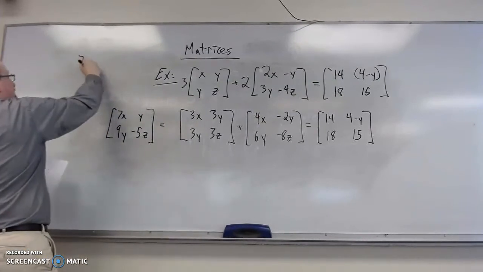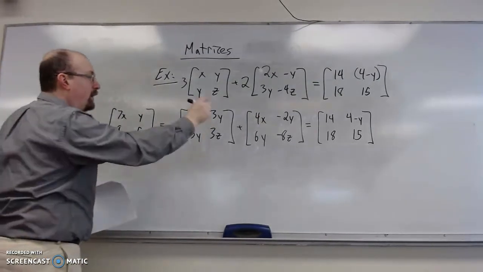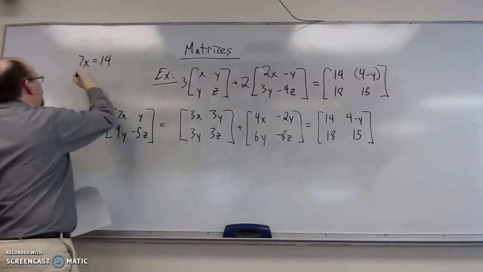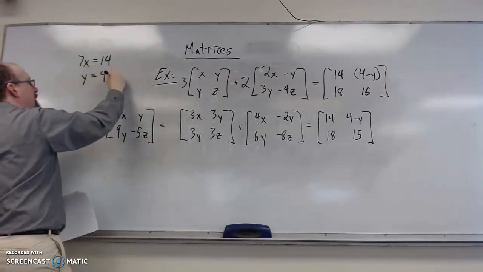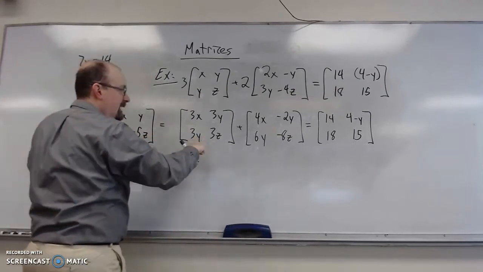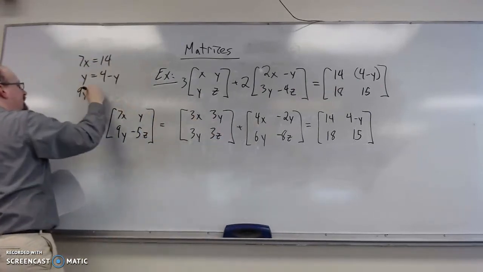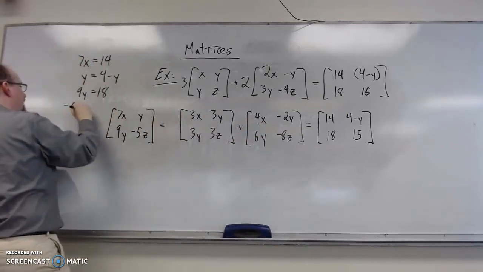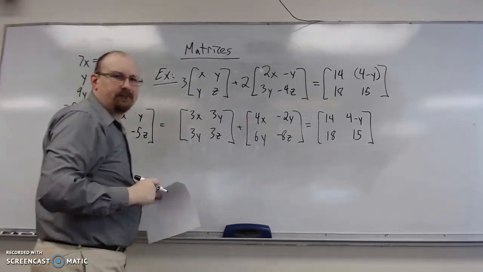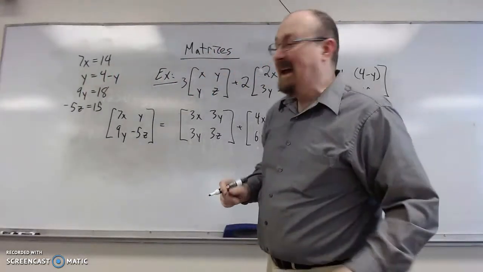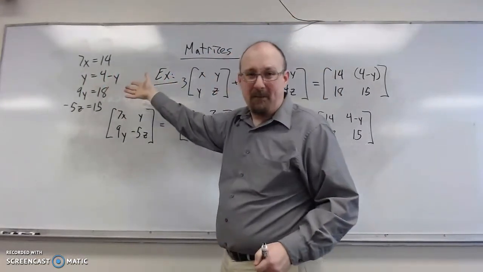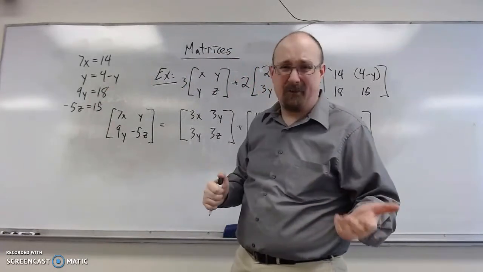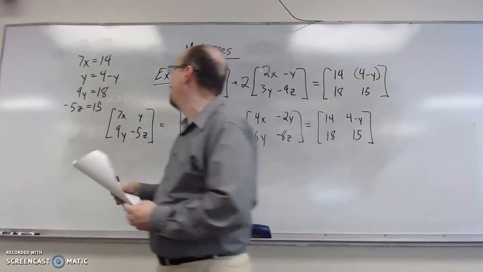So we have 7x in the top left corner equals 14, y equals 4 minus y, 9y equals 18, and negative 5z equals 15. Okay, now, each of those is just a 1 variable equation. You might get worried that y shows up twice. It turns out you can pick either one and you end up getting the same y value out of them.